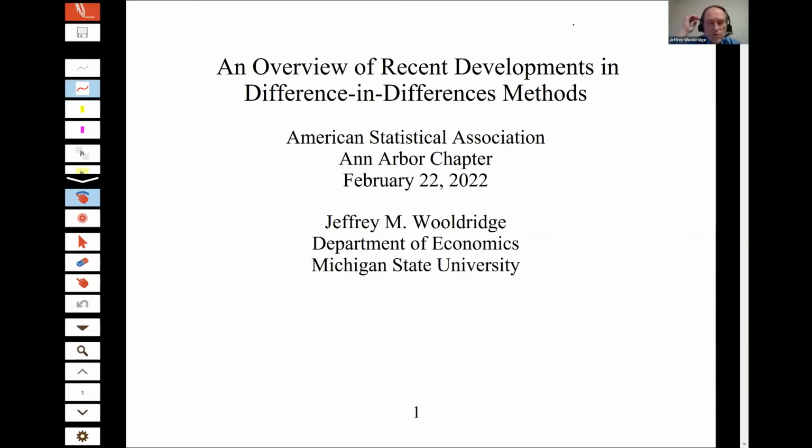So I've been working on what in econometrics we call difference in differences methods. I'm at a stage in my career where I don't release things that I don't feel comfortable with very easily.